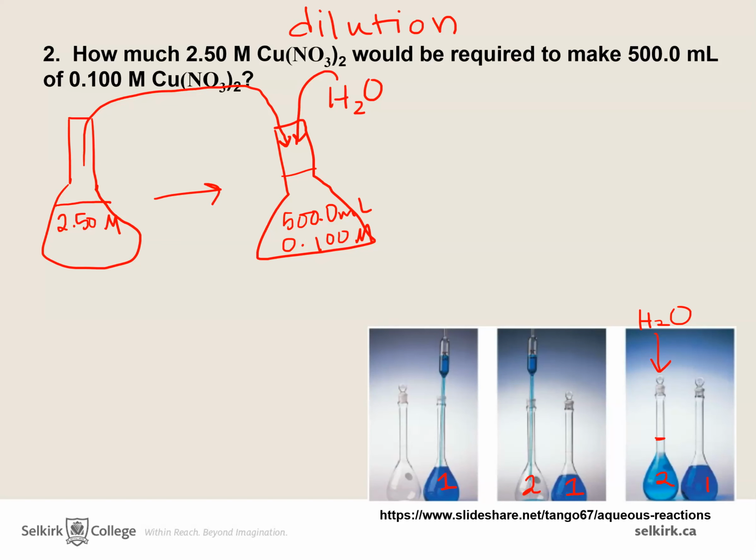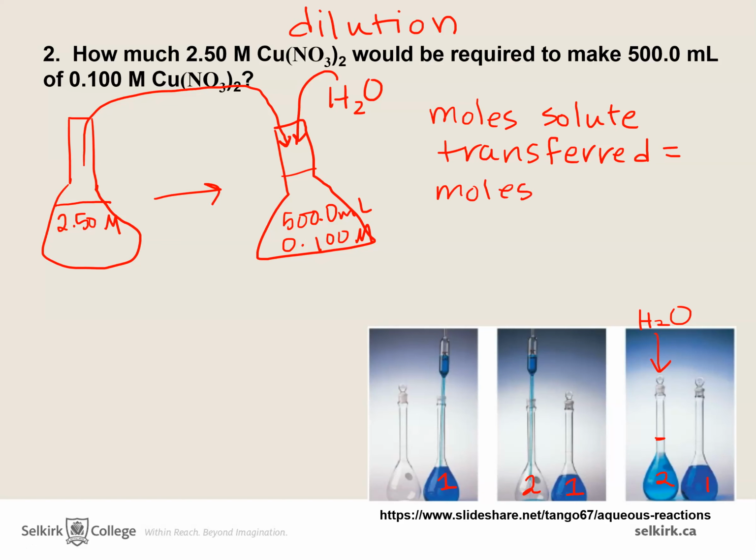All right, there is a central idea that's going to guide all our dilution calculations. It turns out that the moles of solute transferred from the first solution has to be the same as the moles of solute in the new dilute solution.